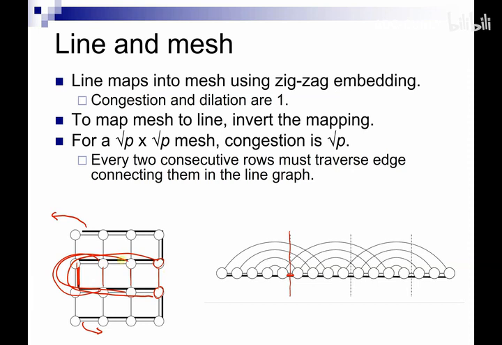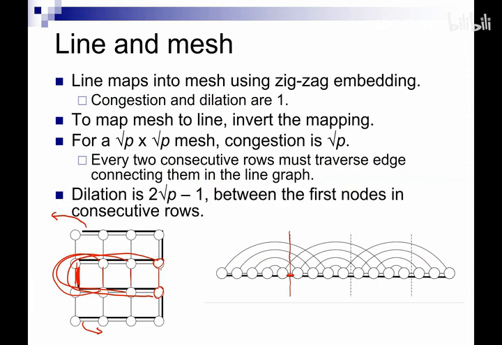Therefore you see that there are going to be root p edges from the mesh that are going to cross, not every single line, but for example this line. Root p edges from the mesh are going to cross that line, and so the congestion there is going to be root p. And the dilation I claim is going to be 2 times root p minus 1.